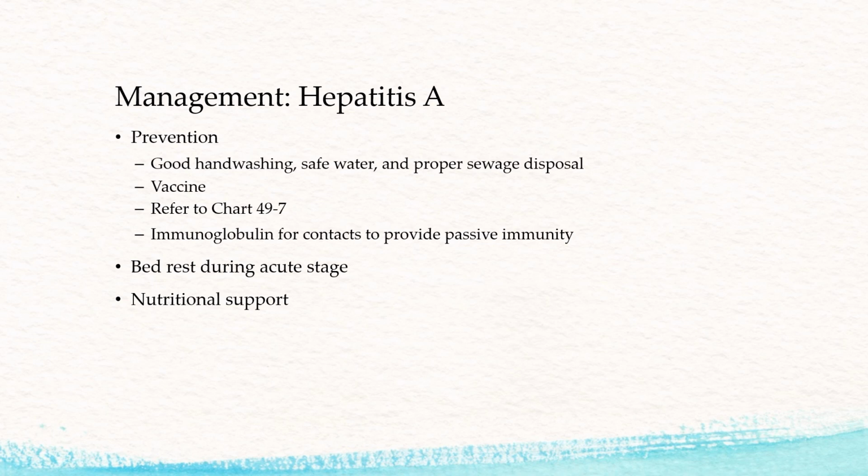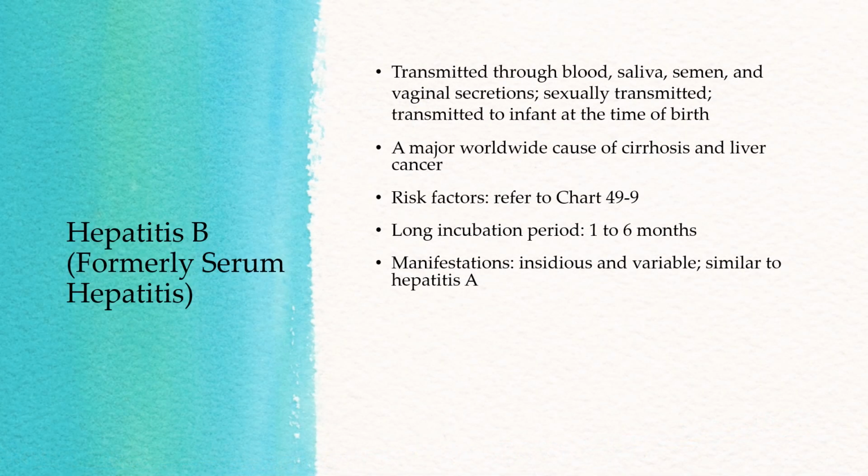Again, how are we going to manage it? Hand washing, making sure we get a vaccine, immunoglobulins, bed rest, nutritional support. Hepatitis B transmitted through body fluids. This is a major worldwide cause of cirrhosis and liver cancer.